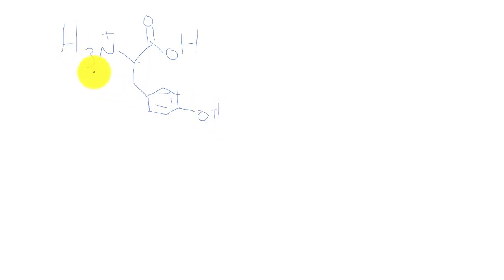And our pKa's on this are 10.46 at the side chain. It is 9.21 at the N-terminus. And it is 2.2 at the C-terminus. Okay, so again, I'm going to figure out my charged forms by drawing out my blanks.